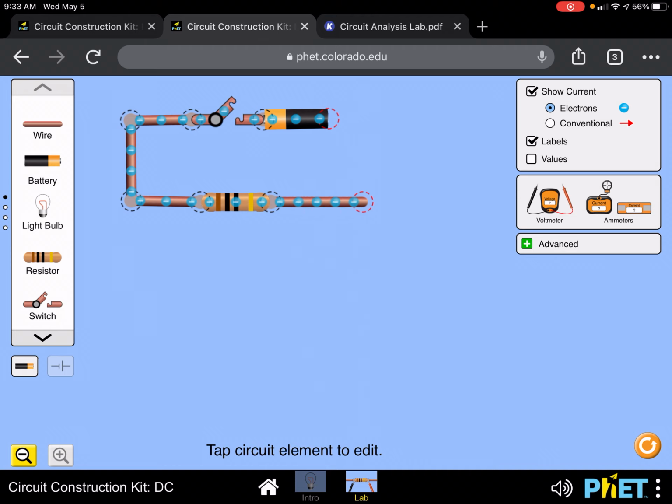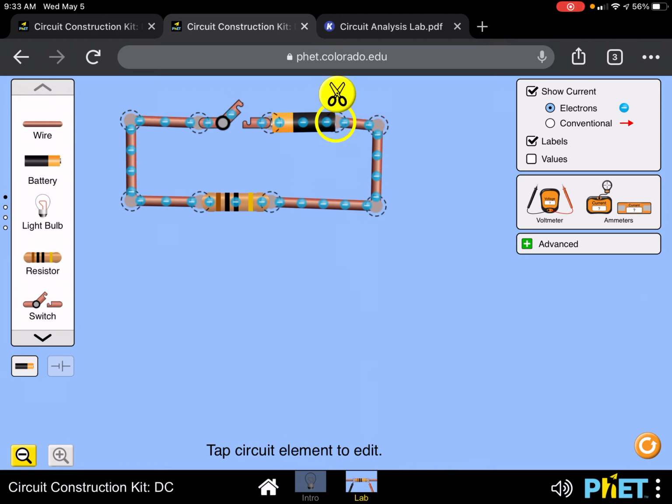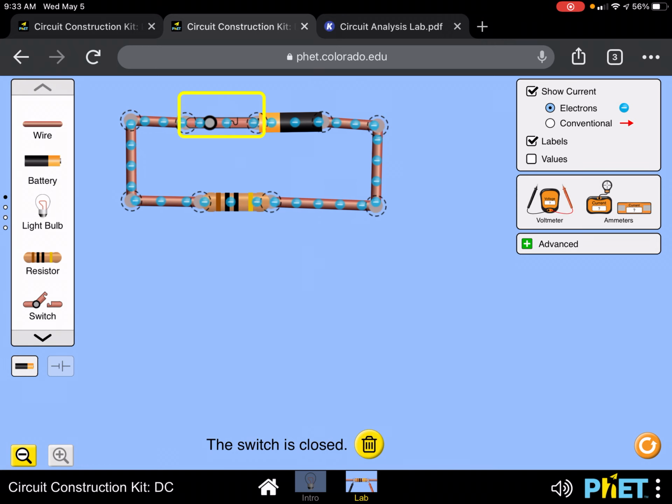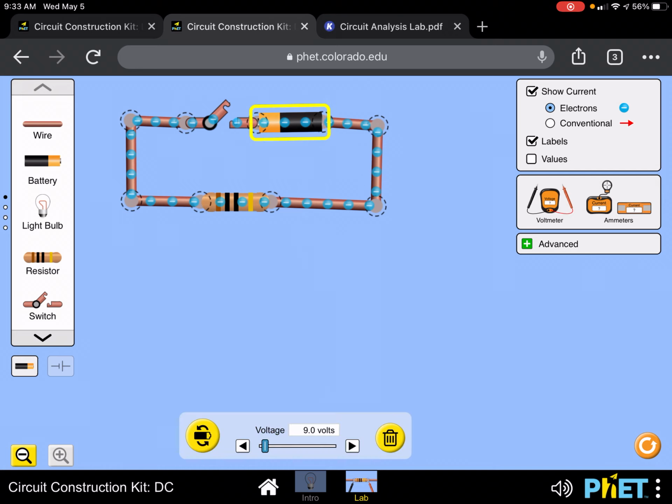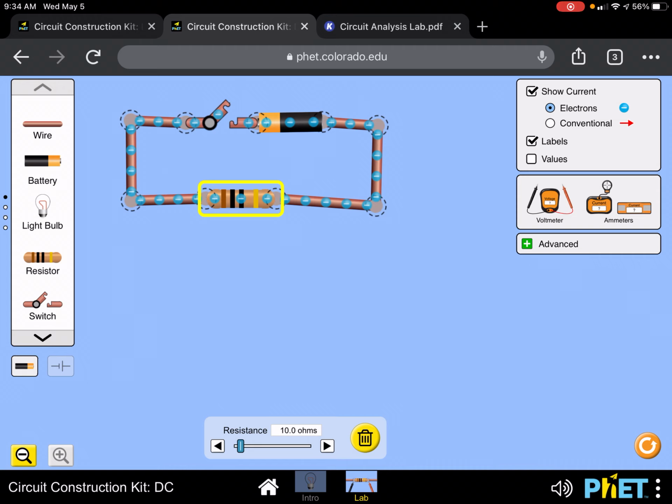I always start building circuits with one loop, bring it back around to the battery, and you can see if I shut the switch, I have one loop of current going. I'm going to change the battery voltage to 12. There we go. And I'm going to change the resistance to 2.